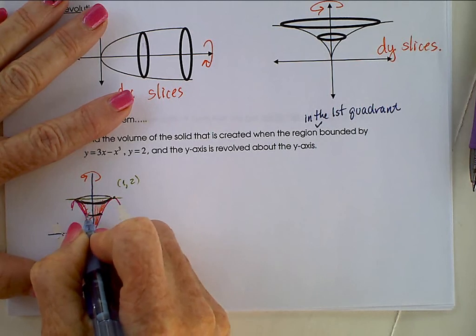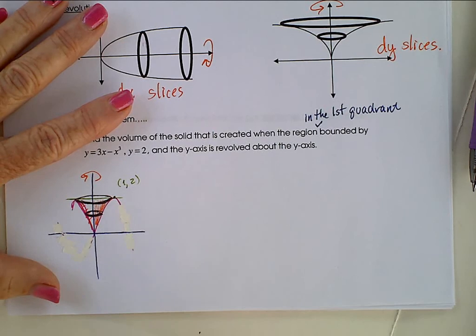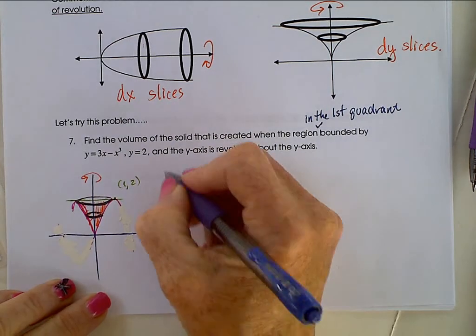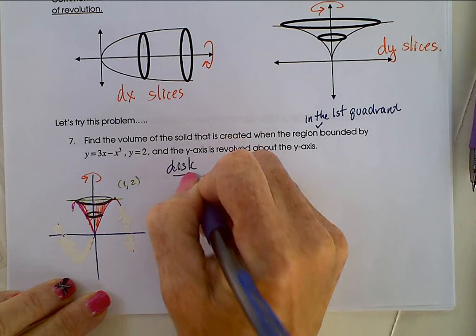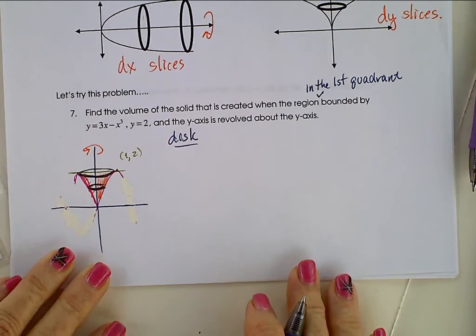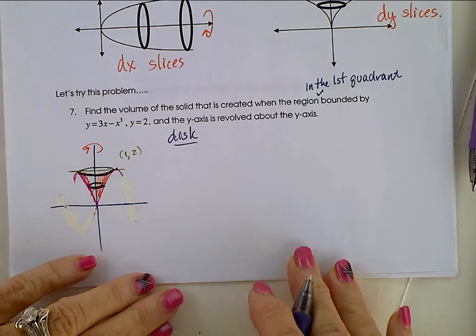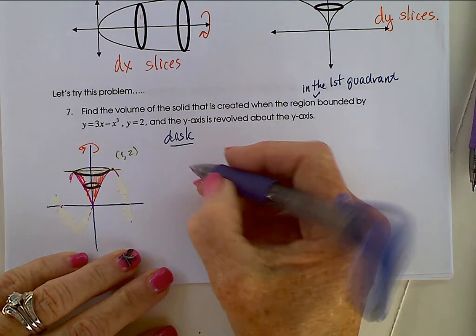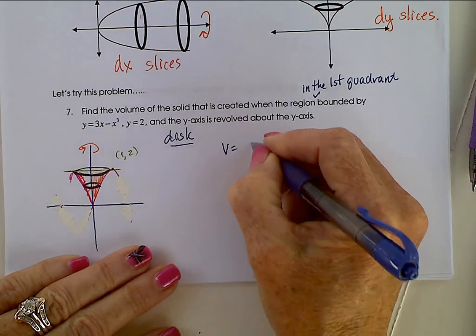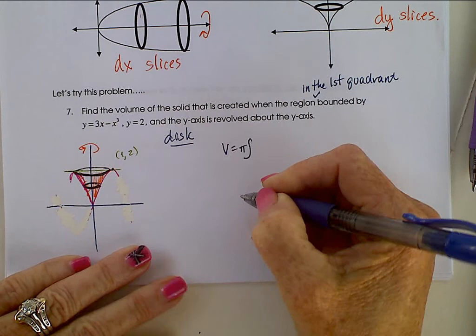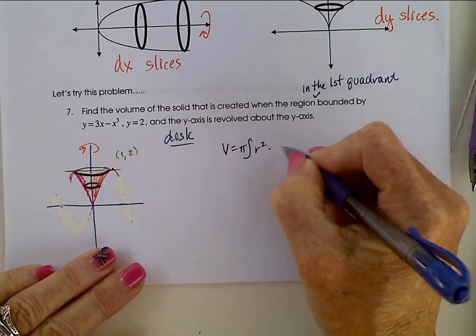Solid all the way through. So this is going to be a disc. When we set this up to find volume with a disc, we're going to add up a bunch of pi r squareds times thickness.